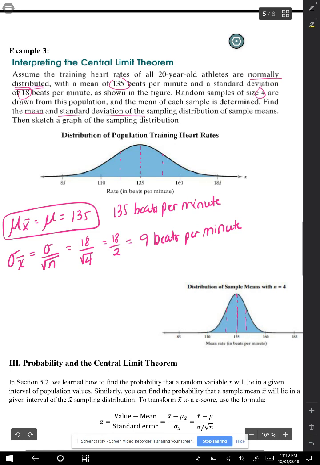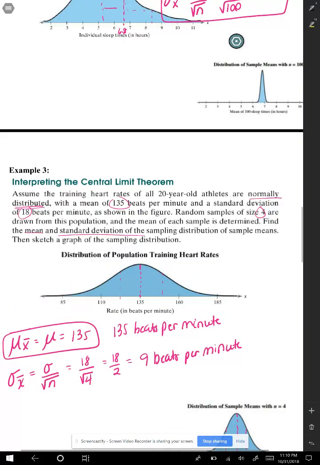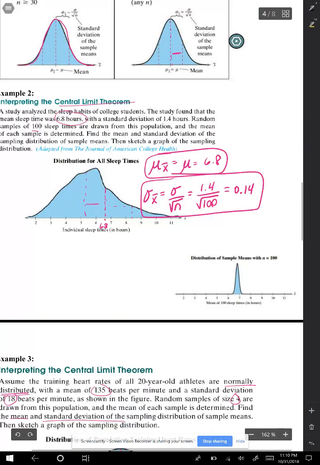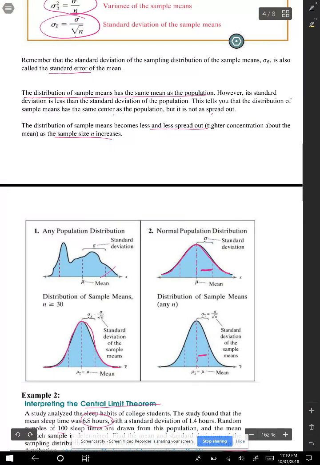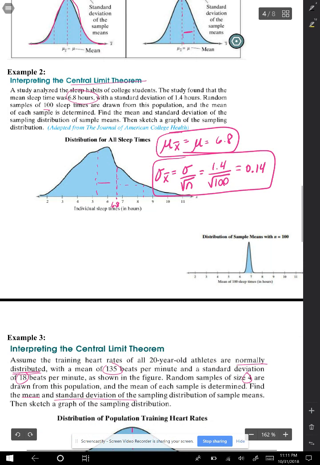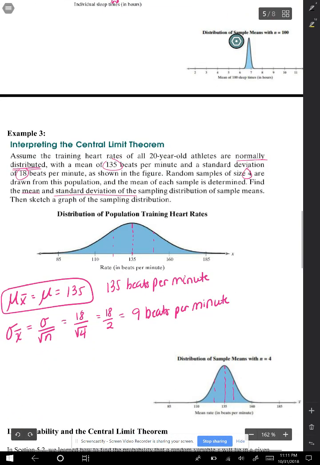So we're not spread out as much. To compare this one to the previous example, we said that when we have a greater sample size, the numbers are less and less spread out. The distribution of the sample means becomes less and less spread out as sample size increases. So the previous one had a large sample size, so everything's really close together. This had a smaller sample size, so it is spread out more.